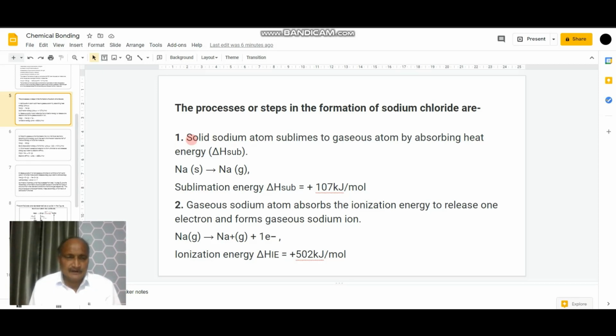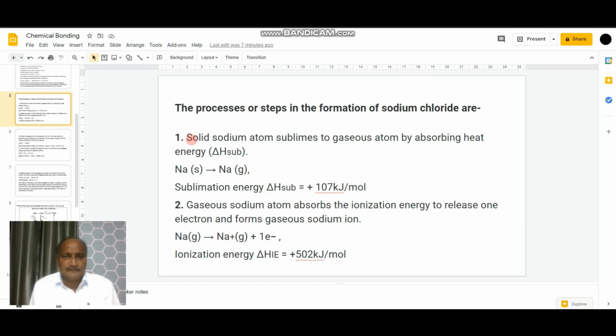The first step in the formation of sodium chloride is that a solid sodium atom sublimes to give a gaseous sodium atom by absorbing heat energy, that is delta H of sublimation, represented as Na.